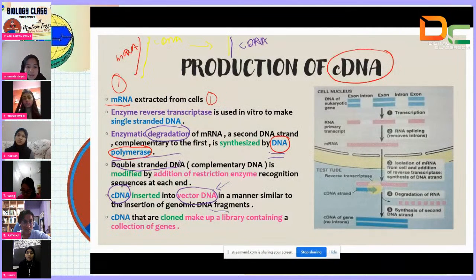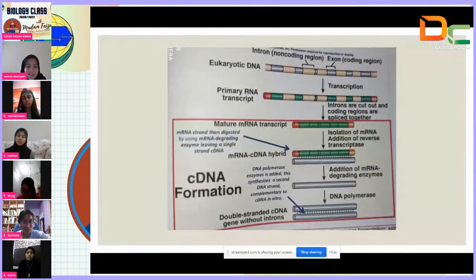So, who wants to present this? This one? Hello? Yeah. This diagram is actually exactly from our books, Ratika? Exactly from our notebooks, showing the cDNA formation.